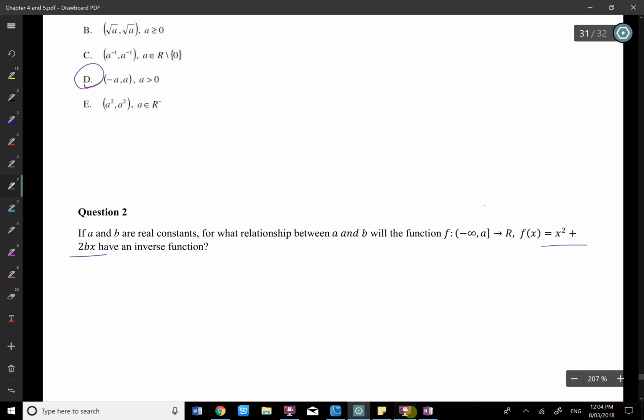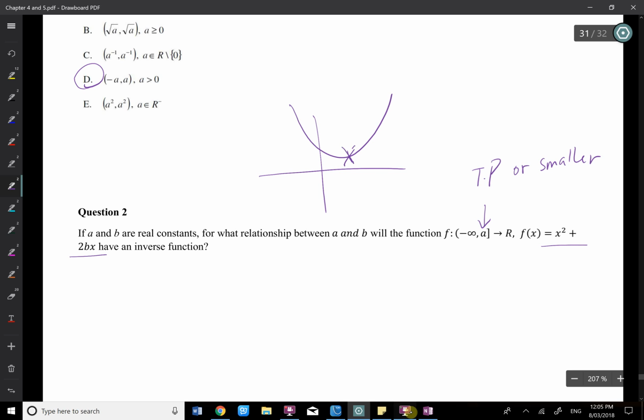From negative infinity to the turning point, or the turning point to infinity. But it's not necessary to reach the turning point. It can be the turning point or smaller, right? It can be not reaching the turning point. So you have a quadratic. That's the turning point.